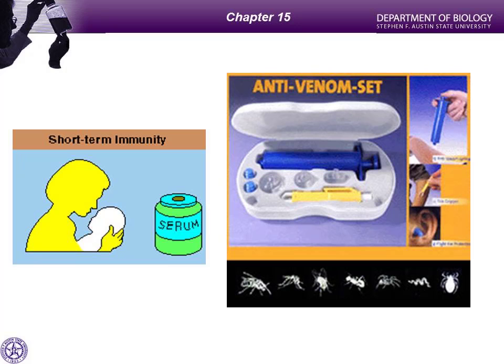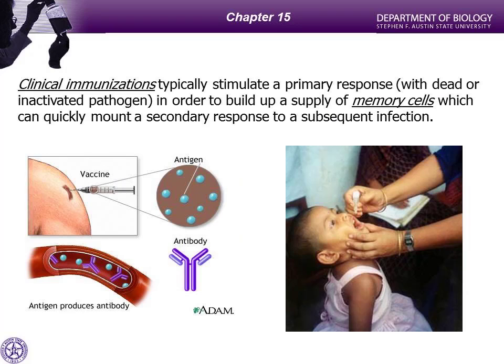But what we're most familiar with are our clinical immunizations or vaccines. We just talked about the chickenpox. You all had a chickenpox vaccine. You probably all had the meningitis vaccine. That's to bolster your memory cells so you don't get the disease later. Now, depending on how effective that vaccine was, you may have to go back to the doctor every couple of years and get a what? A booster.